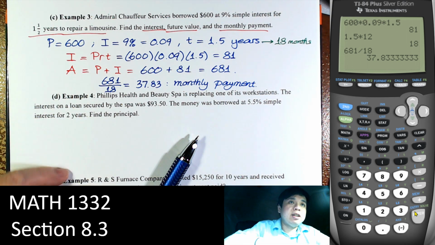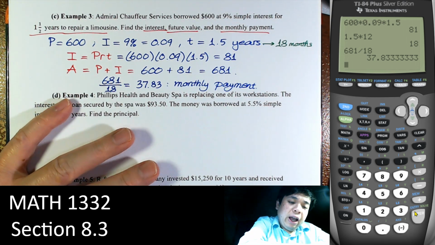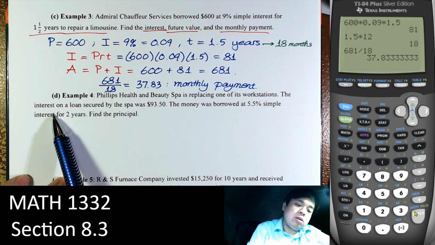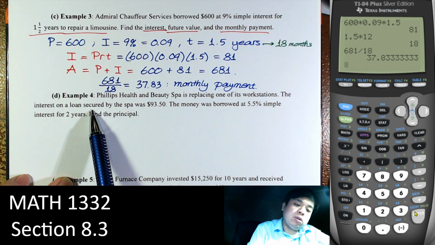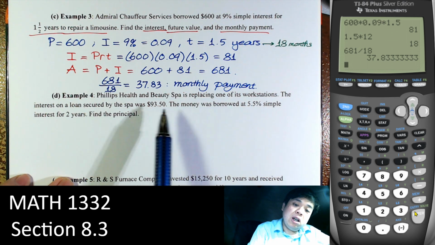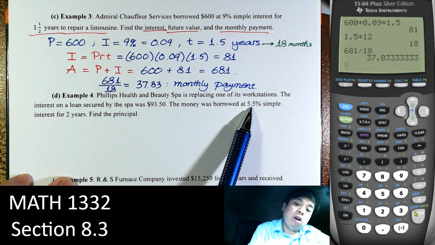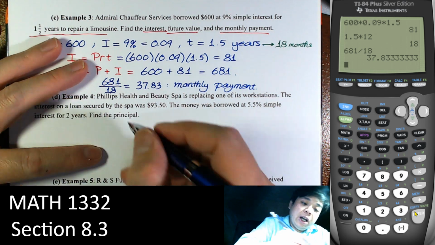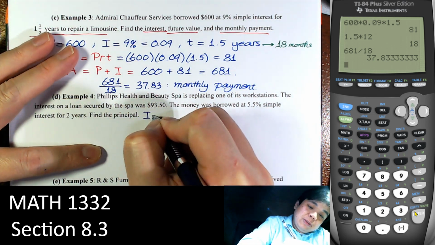Right, next. Philips Heaven Beauty Spa is replacing one of its workstations. The interest on the loan is this much. The money was borrowed at 5.5% interest, so find the principal. Interesting. So this one, we do have the interest.